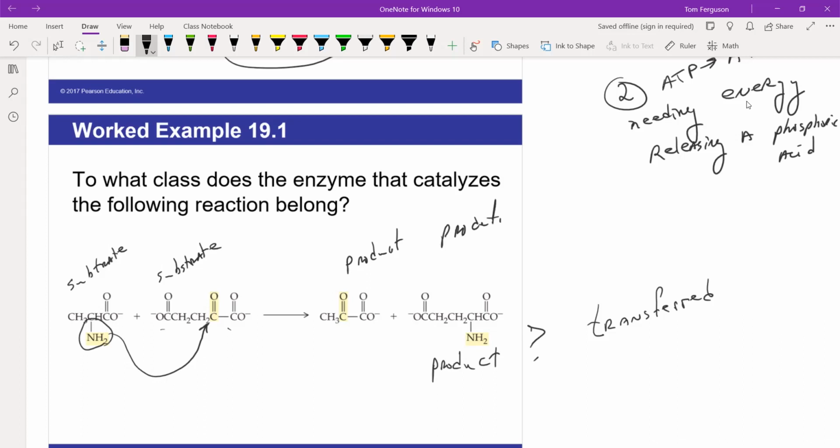Okay, this has no group, but it has an extra carbonyl added. So in other words, the NH2 and the C double bonded O swap places.